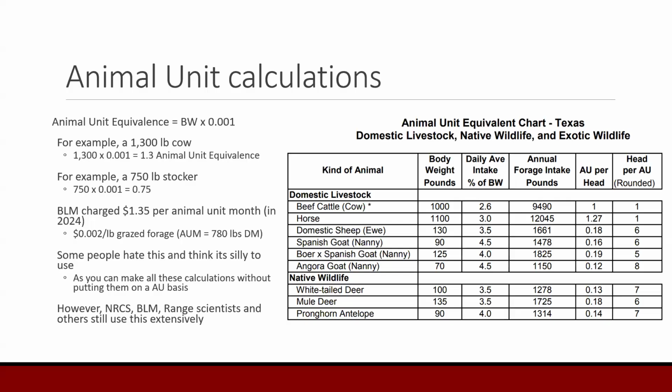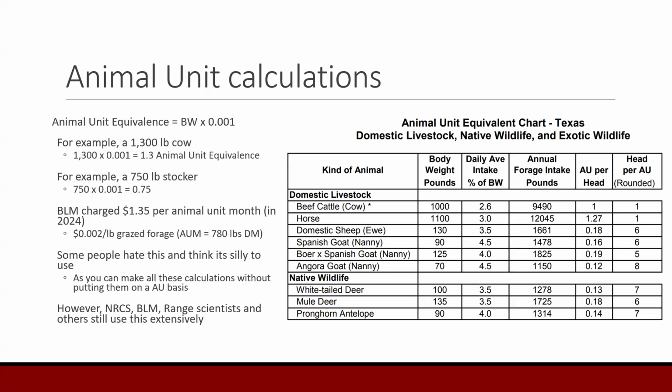Okay. I think I hit all that. So if we have a 1,300 pound cow, that is 1.3 animal units. We're going to graze that for 30 days. How many animal unit days will that be? 1.3 times 30, right? 39 animal unit days.